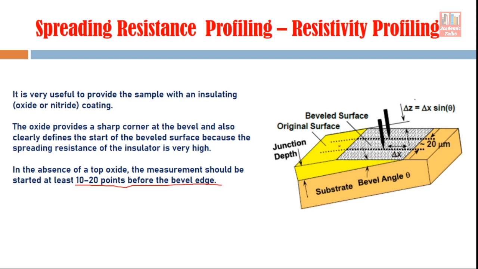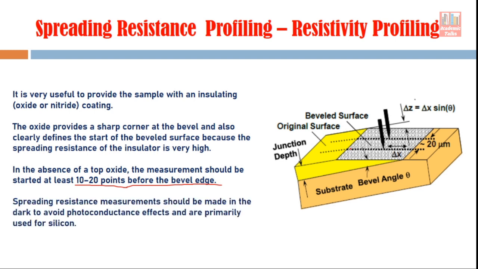You will see that there is no change in the reading, but once you reach here, suddenly you see that the resistivity or the current in this setup is changing. So you will come to know that now we are at the right portion from where we have to start the readings. These are the 2 ways: one is that you should have an oxide layer on the top, and second, if you don't have an oxide layer, start very early from this, so that once you reach here, you clearly see a change in the readings.